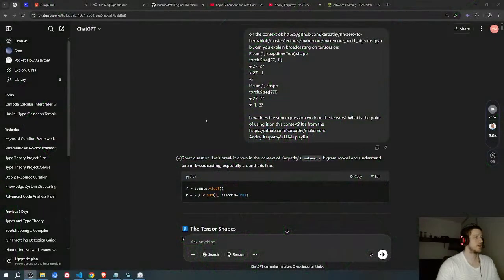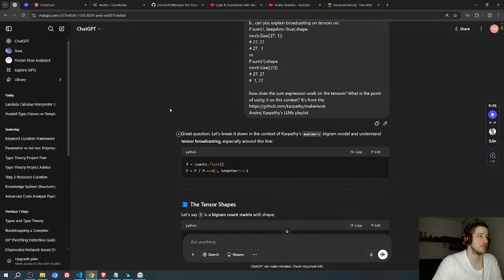So I begin by asking about the context. I was doing the Karpathy course there, and then there's this thing about the large tensor that when you use this, you can have a problem because it shrinks the dimensions in order to do the matrix calculation.